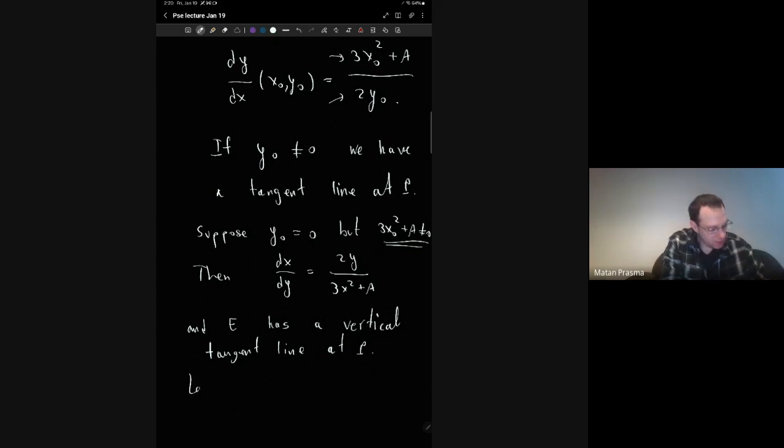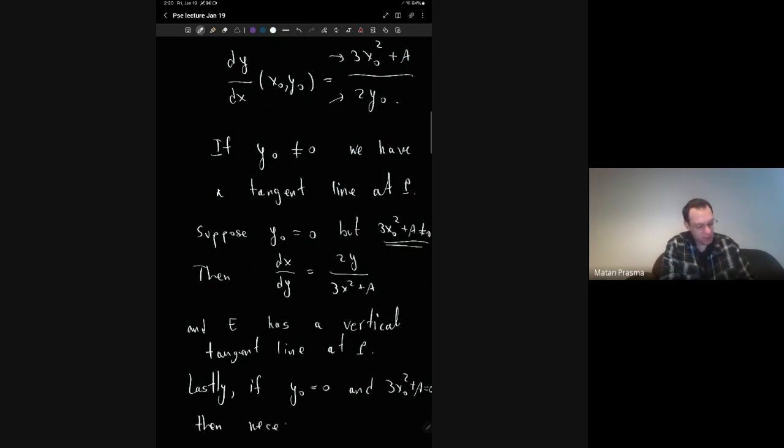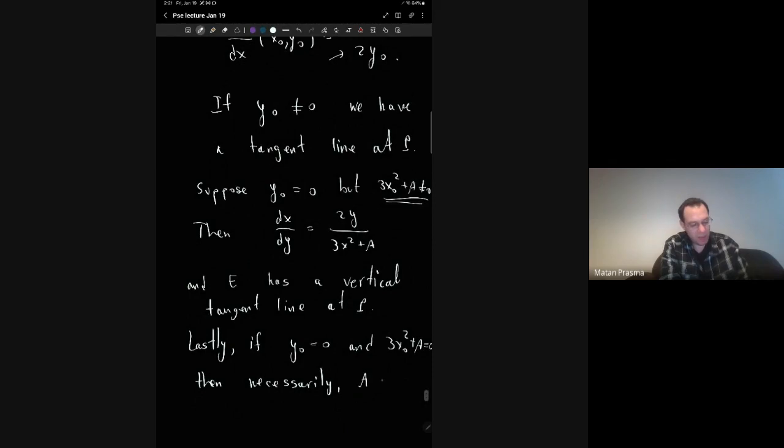So if y0 is 0 and 3x0 squared plus a is also 0, then necessarily a must be a negative number, right? Because 3x0 squared plus a is 0.